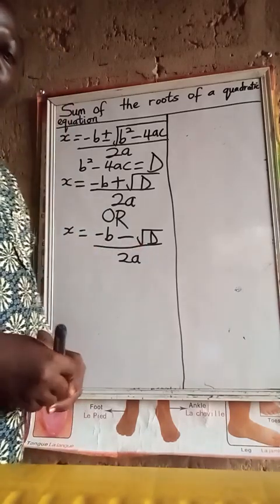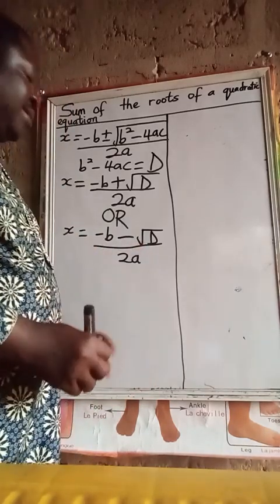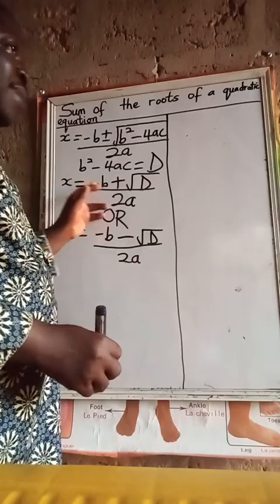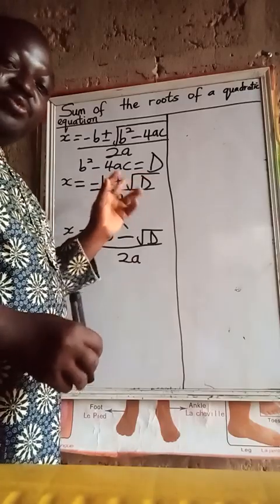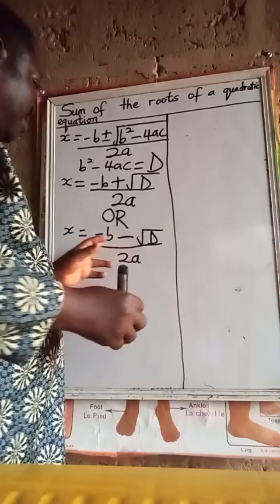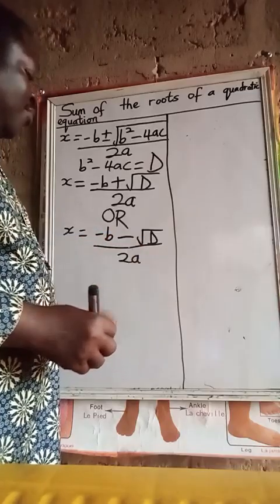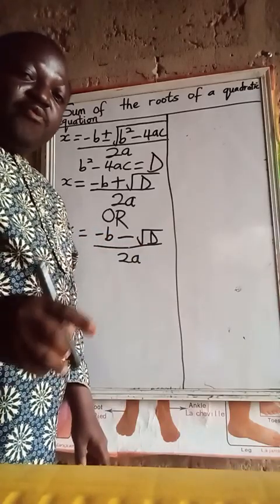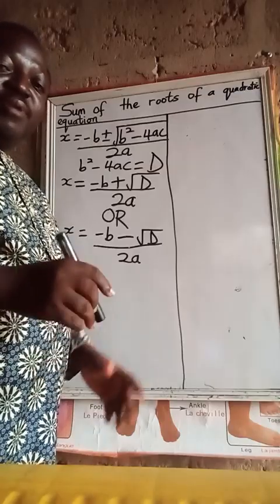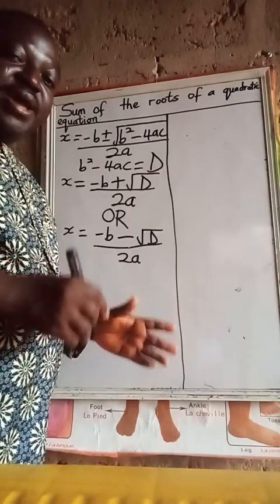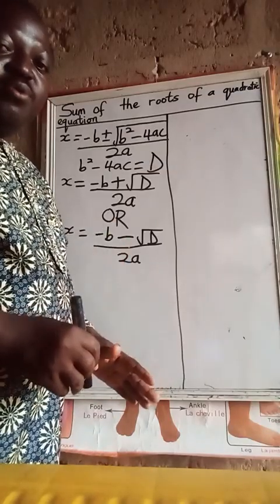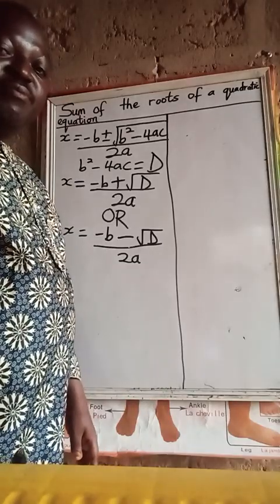So now these are the two roots of the quadratic equation. x is either minus b plus root D over 2a or minus b minus root D over 2a. Don't forget what you want to do. You want to derive a formula to find the sum of the roots of a quadratic equation without solving the equation first.